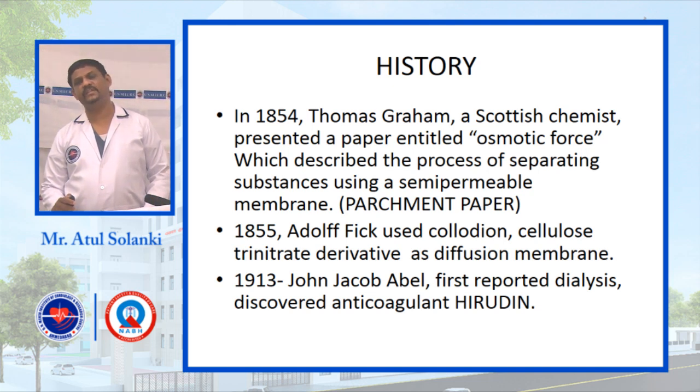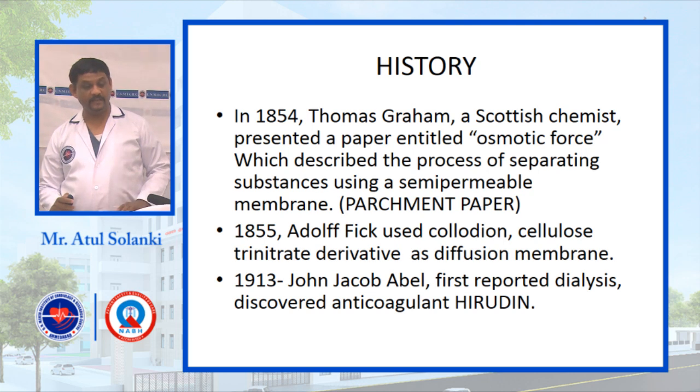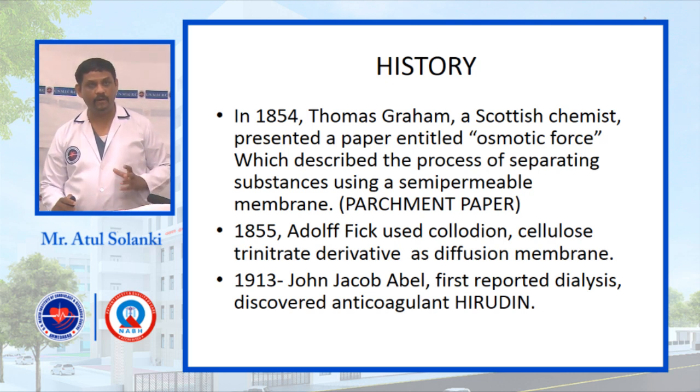So what is the history of ultrafiltration and dialysis? First, hirudin was reported and discovered, developed in 1913. In 1855, Adolf Fick used colloid cellulose to develop a semi-permeable membrane.